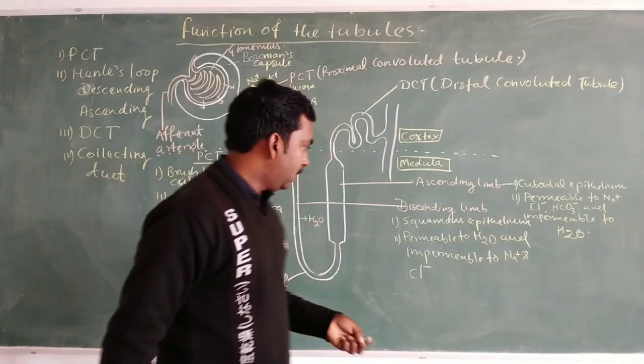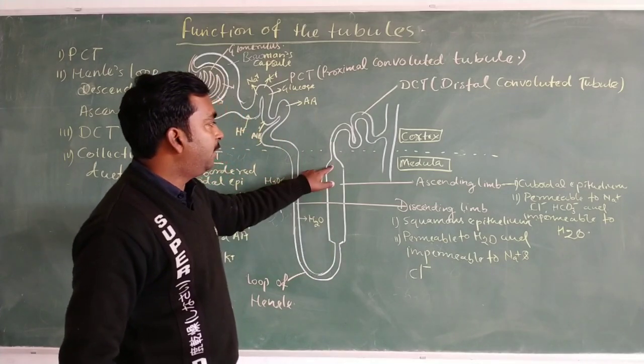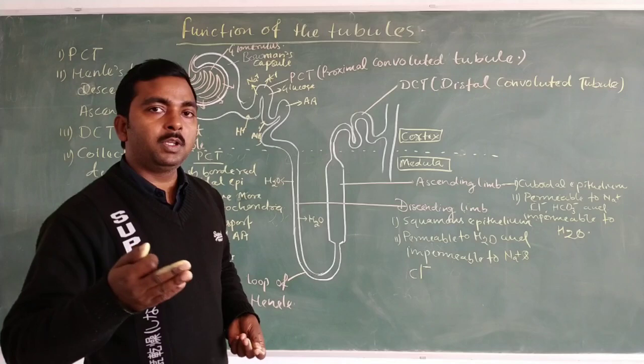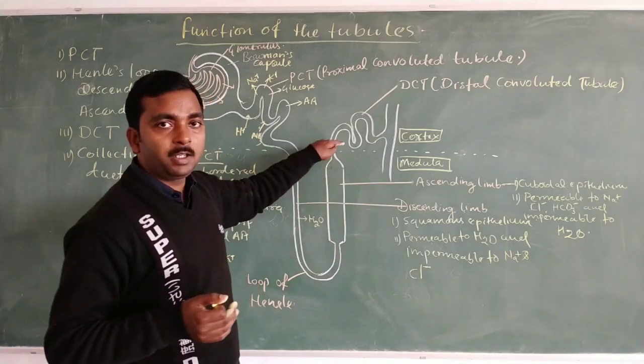So when the filtrate passes through the ascending limb, the filtrate becomes hypotonic or isotonic again.